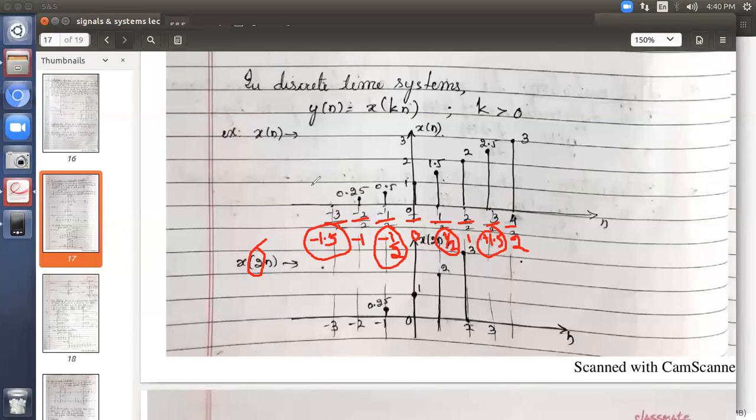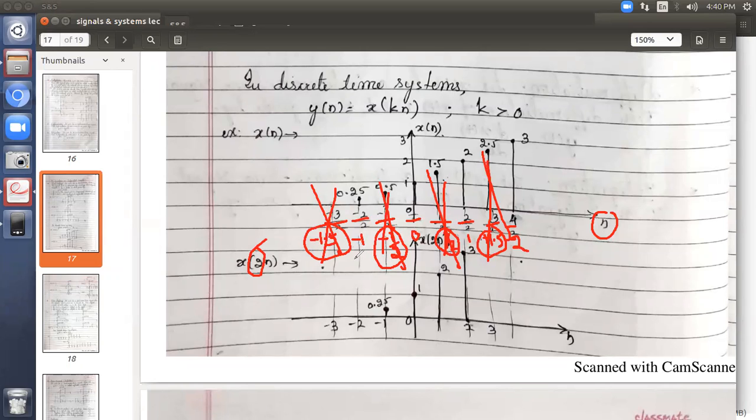What you have to do is simply discard them. Don't consider them, because we have defined a discrete time signal as having amplitude values at the whole numbers. So we generally tend to avoid these fractional time values. N is presented in the form of a whole number. That's why don't consider these time points.